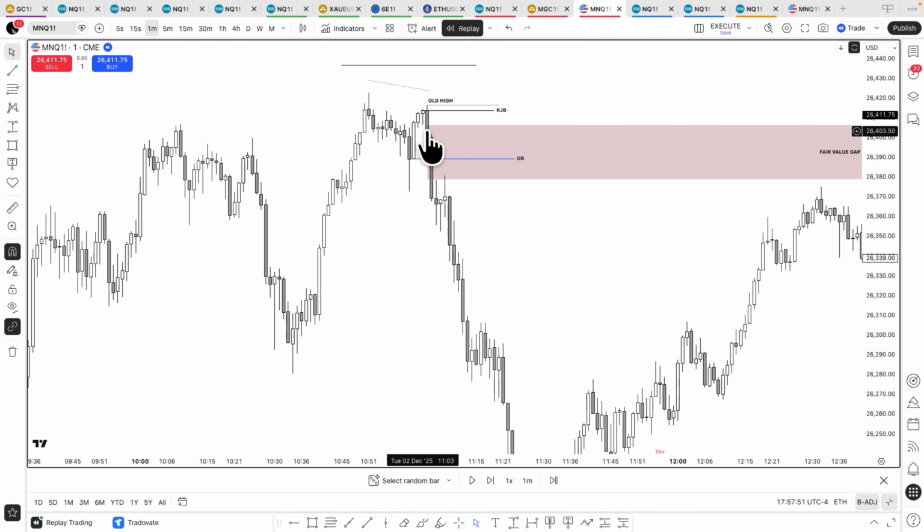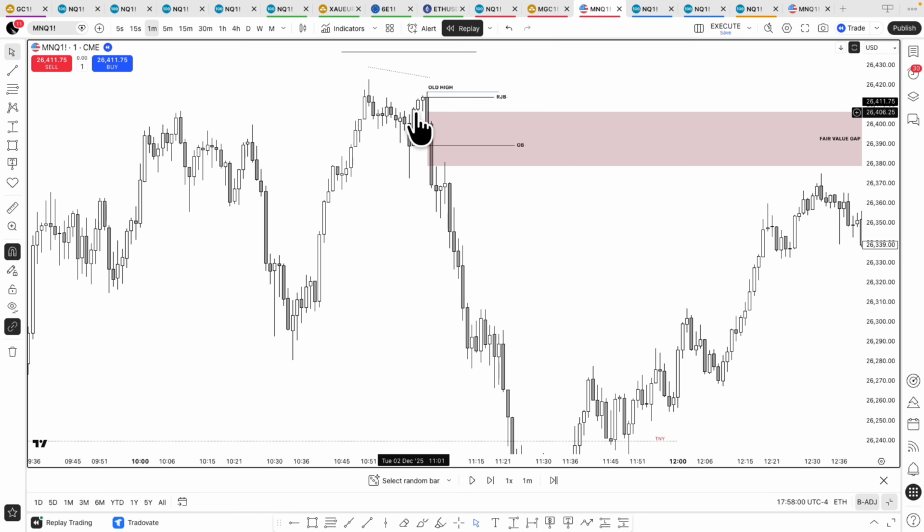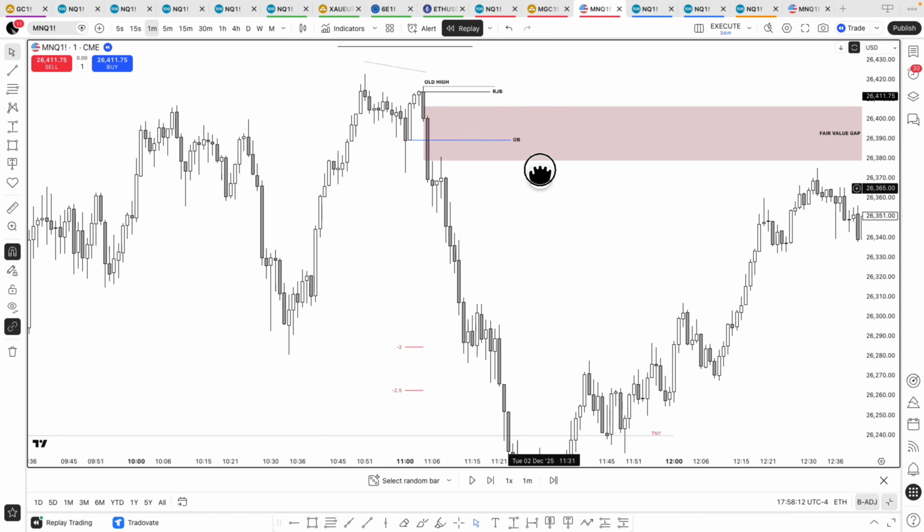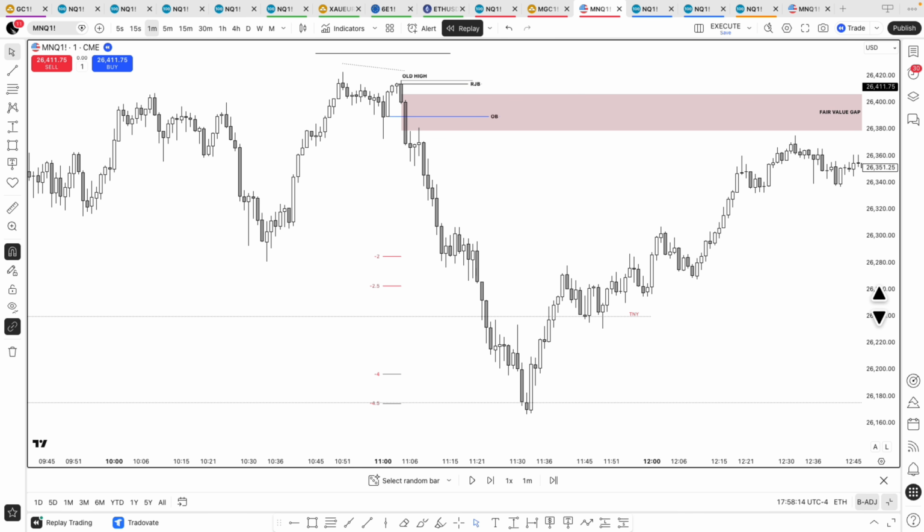The formation of the fair value gap is 3 straight down close candles right here as well. This is December 2025. But yes, very clean point of inception. If I'm to get even extra carried away right now, anchor a standard deviation right there, just like magic.